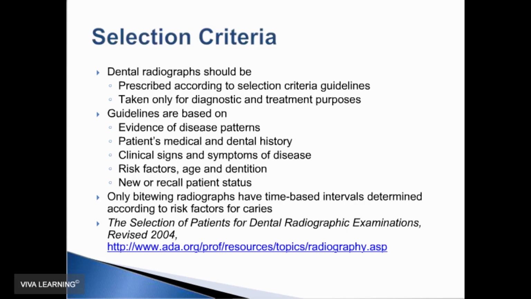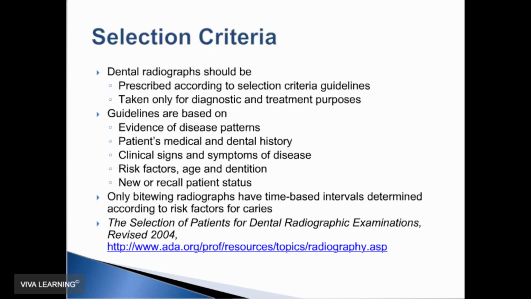These guidelines are based on the evidence of disease patterns as published in the dental literature, and also on typical findings in the patient's medical and dental history, and on clinical signs and symptoms of disease that you might observe when examining a patient.